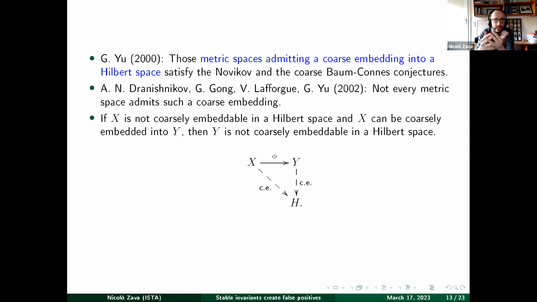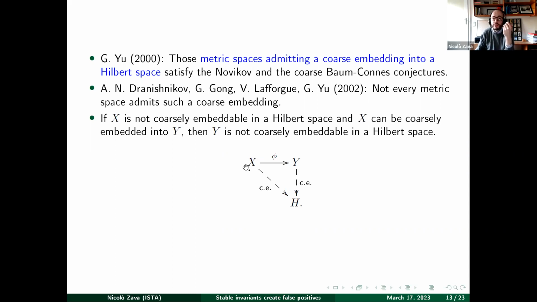The first example is due to Dranishnikov, Gong, Lafforgue, and Yu. So using this example or others that came later, we have a tool to prove that a certain metric space Y cannot be coarsely embedded into any Hilbert space. How?